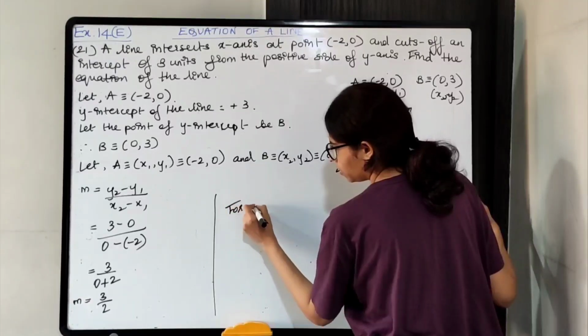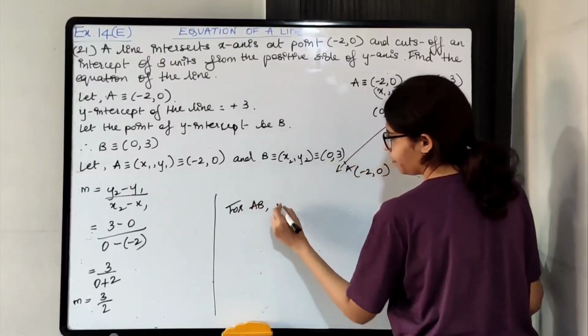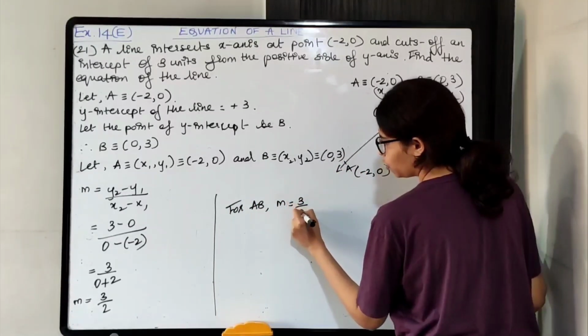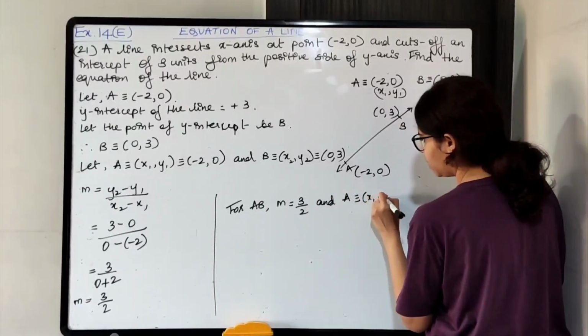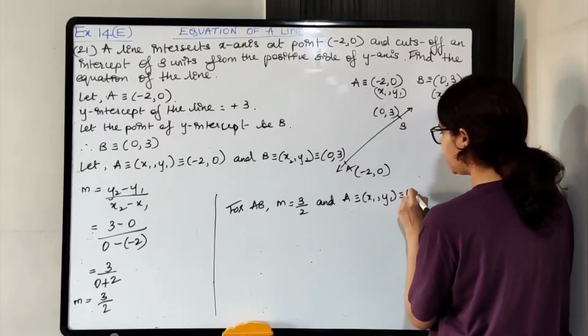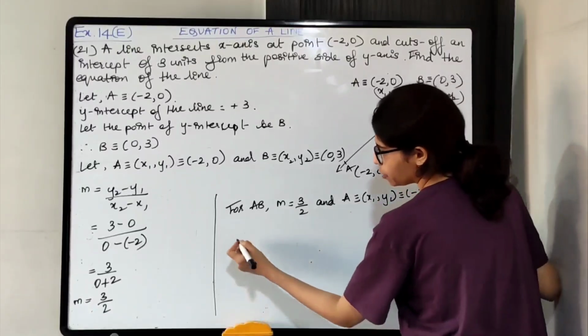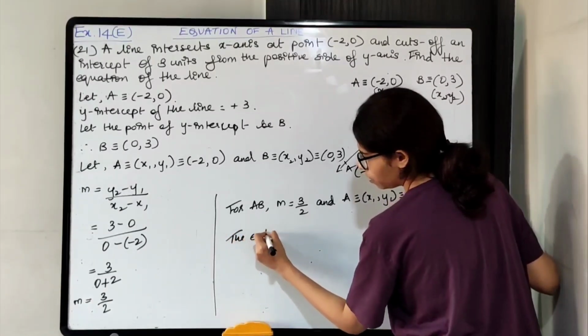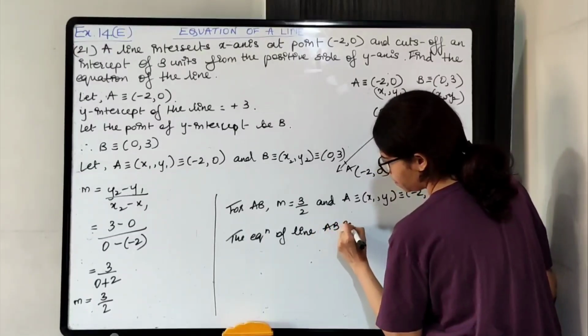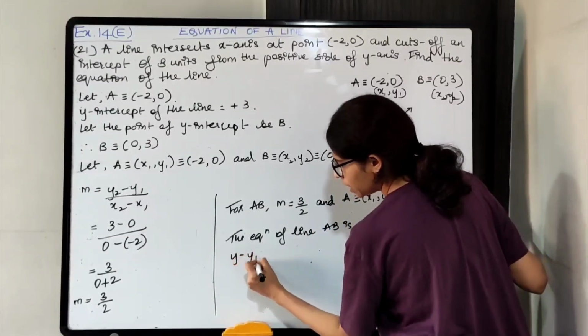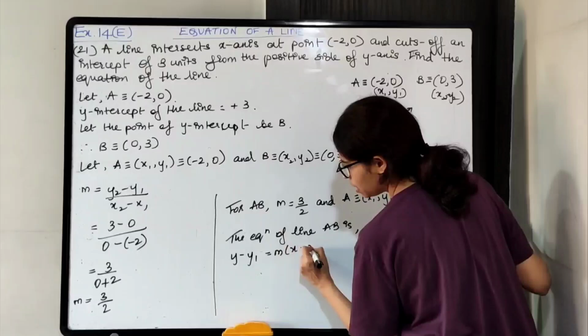For AB, m is 3 upon 2 and A, x1 y1, is -2, 0. So the equation of line AB is y minus y1 equals m into x minus x1.